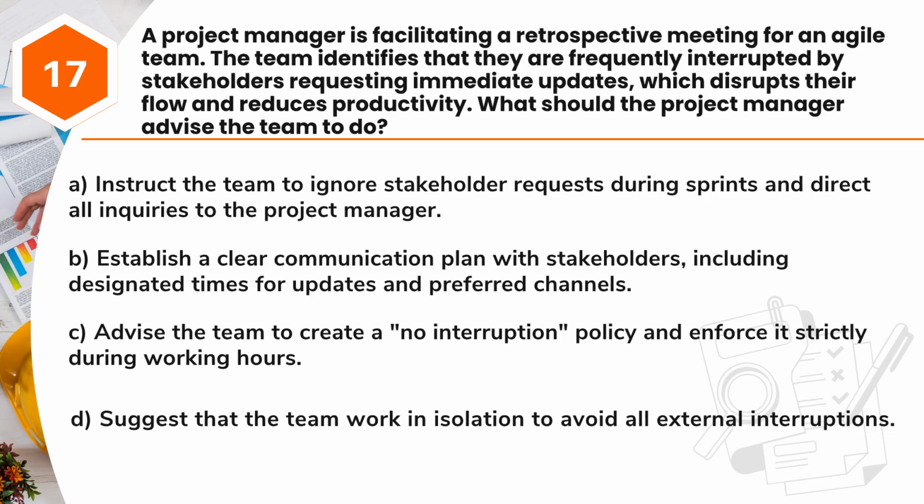B. Establish a clear communication plan with stakeholders, including designated times for updates and preferred channels. C. Advise the team to create a no interruption policy and enforce it strictly during working hours. D. Suggest that the team work in isolation to avoid all external interruptions.